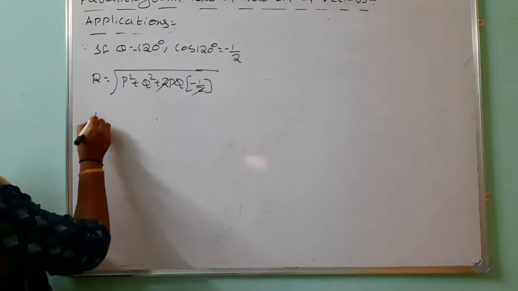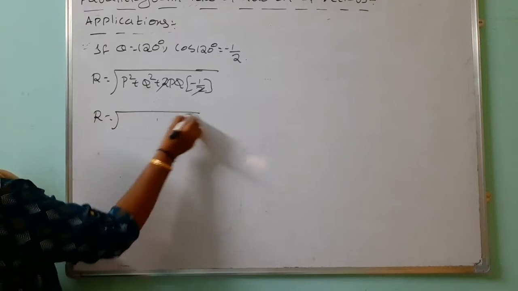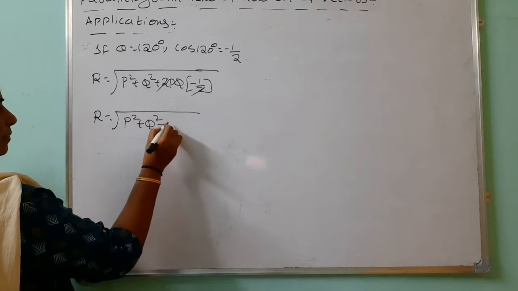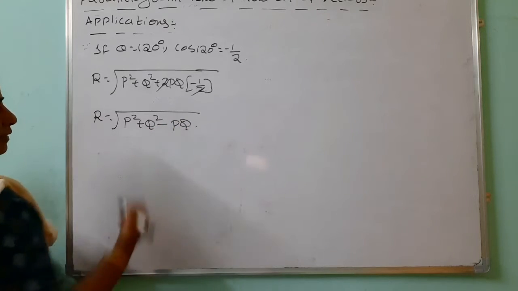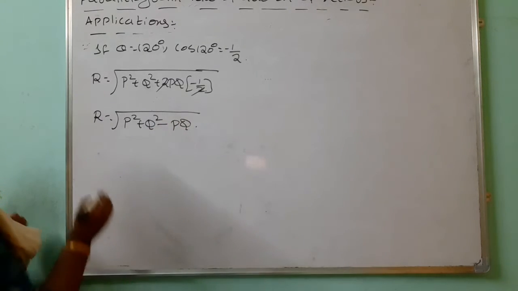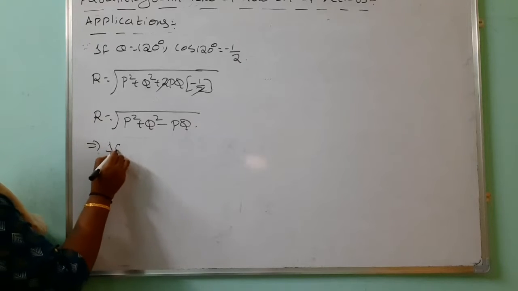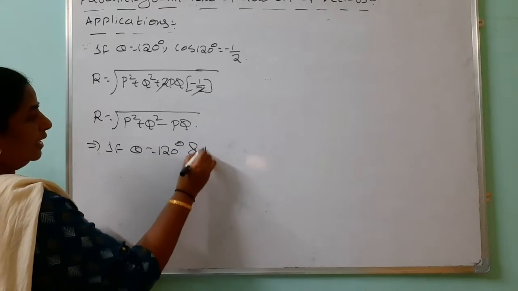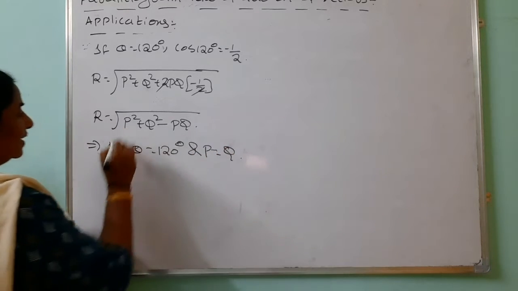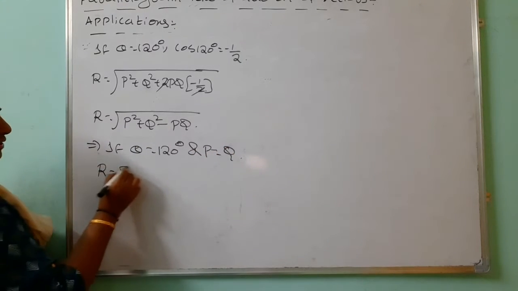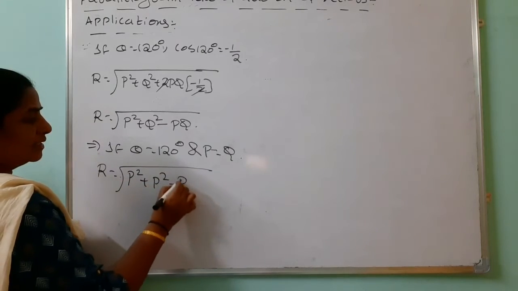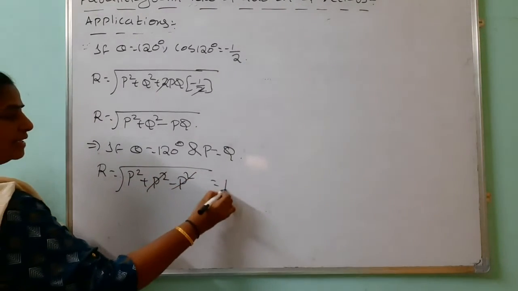This 2 cancel. Then R equals under root P square plus Q square minus PQ. Suppose in this case only, if theta equals 120 degrees and P equals Q, immediately resultant is how much? Under root P square plus P square minus P square. So answer is P only.